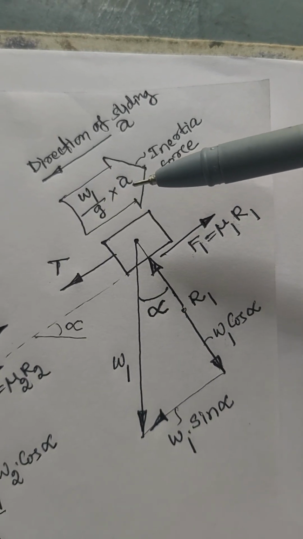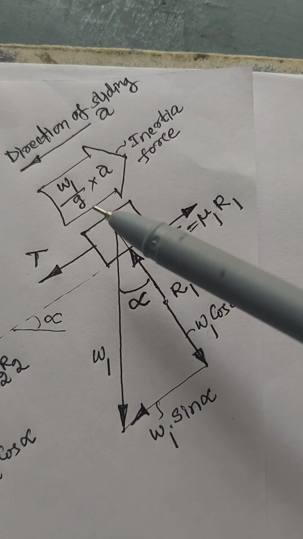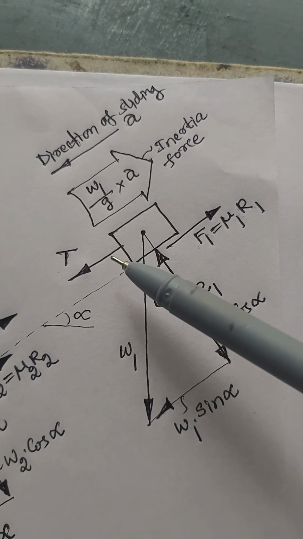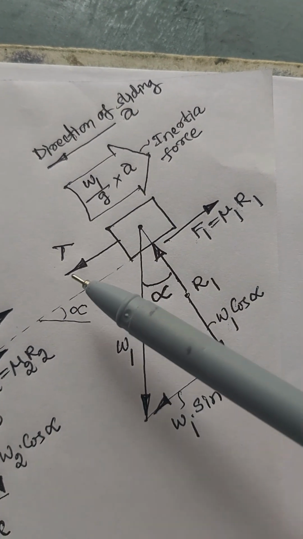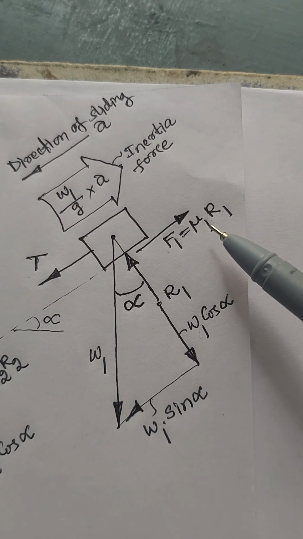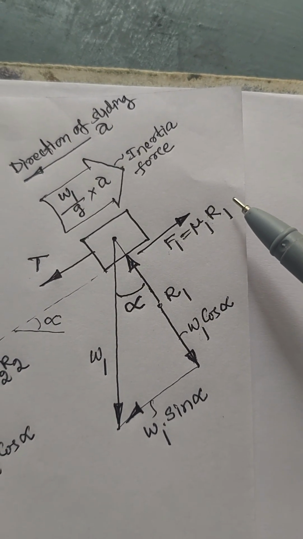W1 by G into A is directing opposite to the acceleration, so we consider this as negative. Tension force is directing along the direction of sliding, in the direction of acceleration, so T is considered positive.